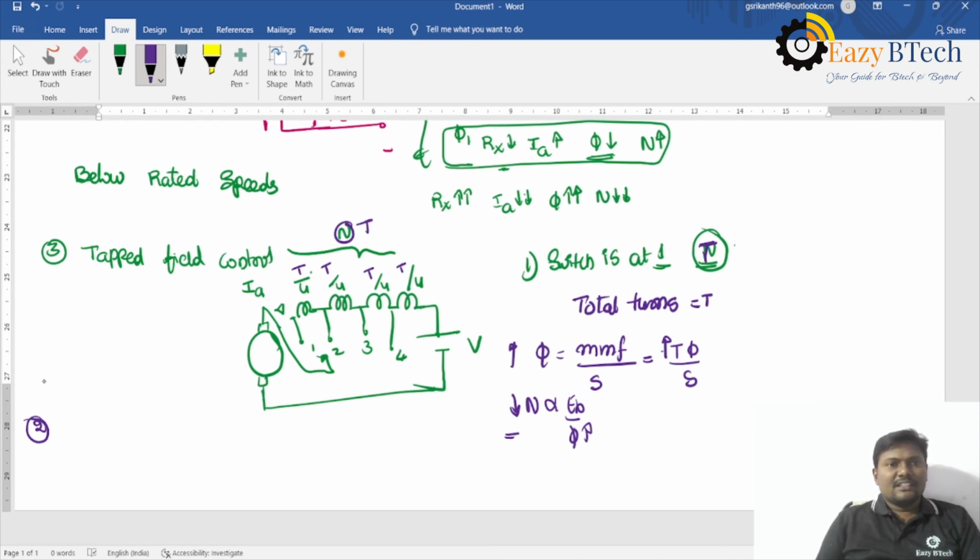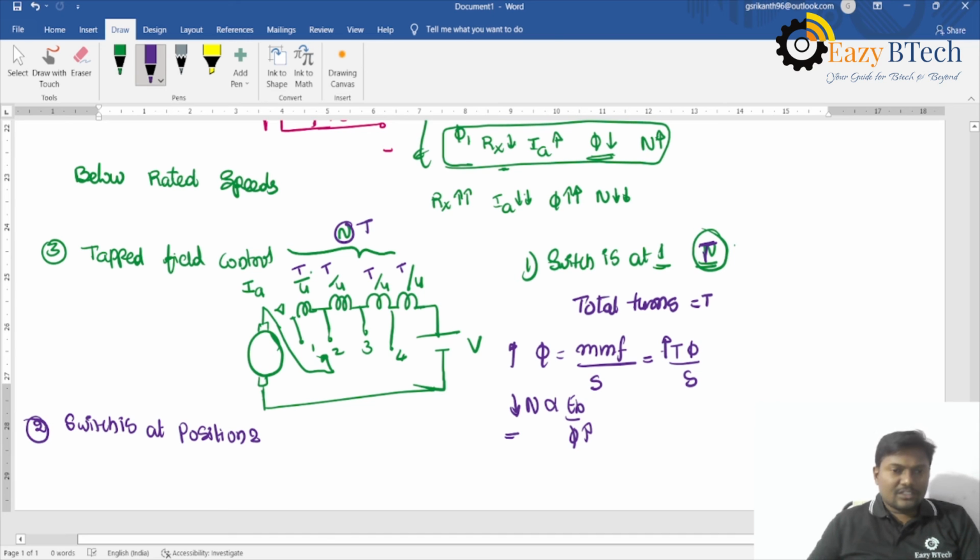If you go for case 2, the switch is at position 2. So this part will be cut off. The switch is moved like this.